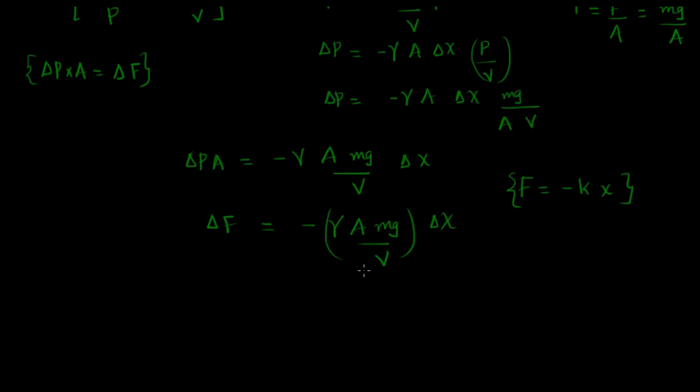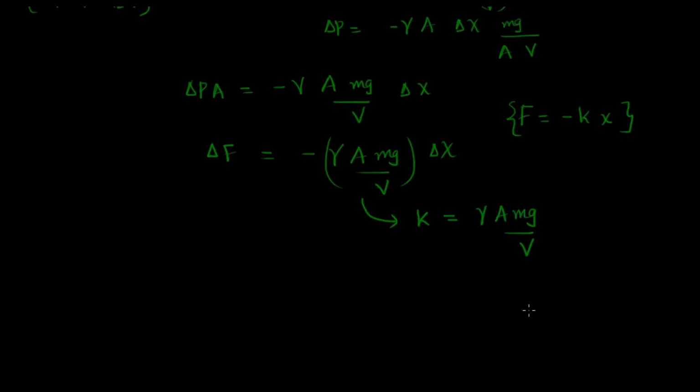From this analogy, K will be gamma A mg by V, and omega square can be written as K by M. So from here it's very clear that gamma A g by V is omega square, or omega will be equal to square root of gamma A g by V.